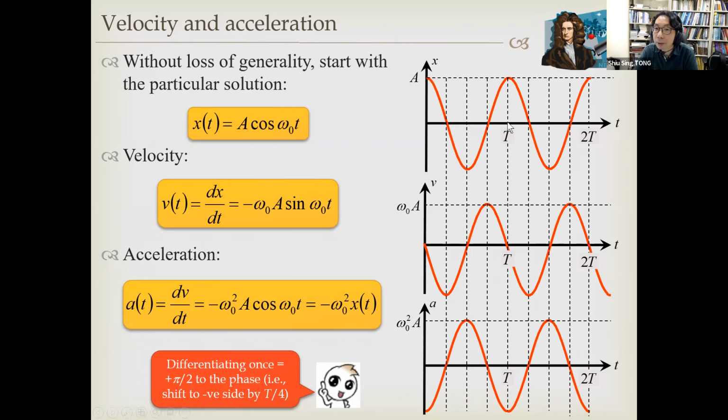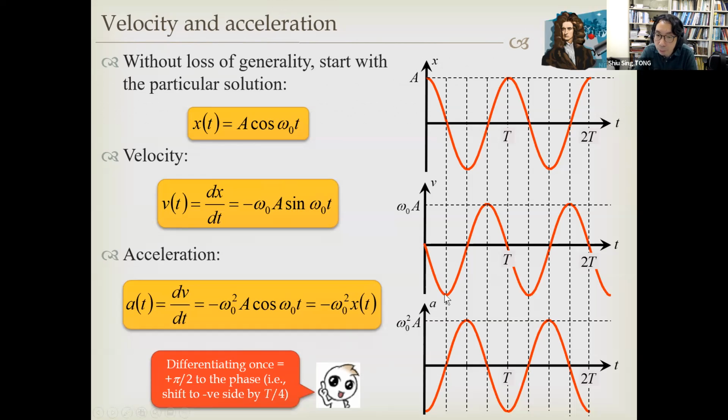This is a period, so a quarter of a period is this length. If I shift the curve to the negative side by a quarter of a period, a cosine curve will become a minus sine curve. Can you see that? And then when you differentiate once more, it amounts to shifting this velocity curve to the left, to the negative x direction, by another quarter of a period.